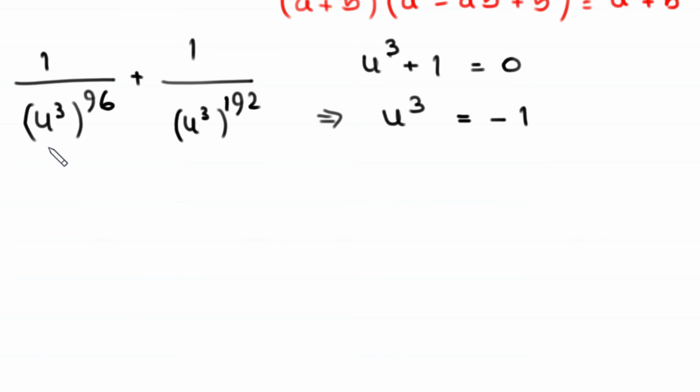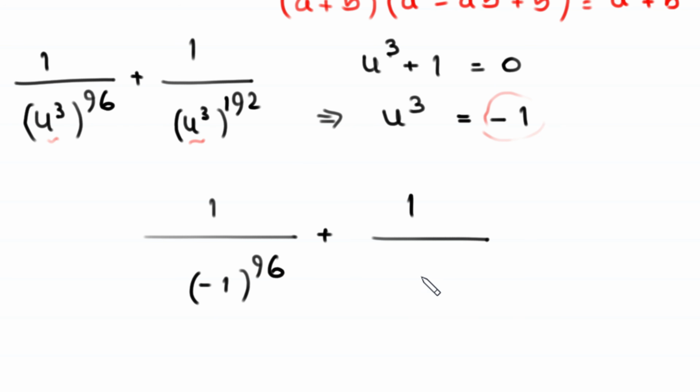Now we replace this u cubed with this value negative 1. So this will become 1 divided by (negative 1) whole power 96, plus this will become 1 divided by (negative 1) whole power 192.